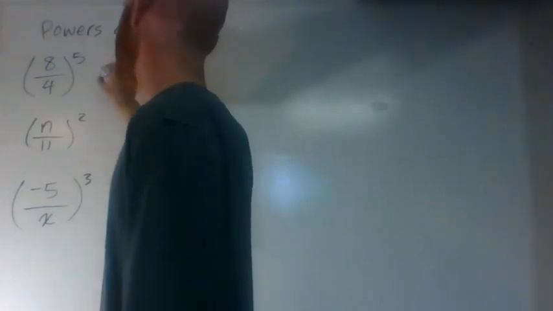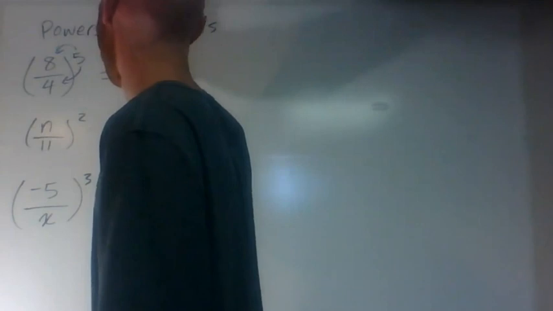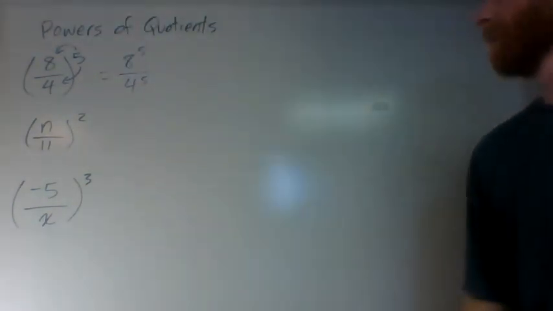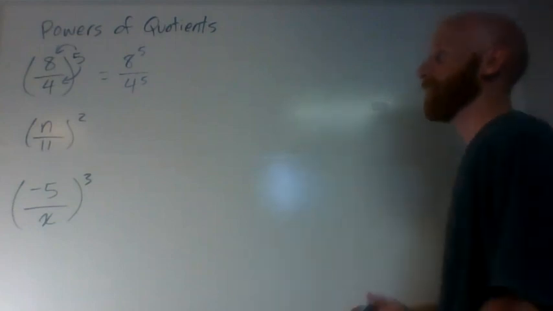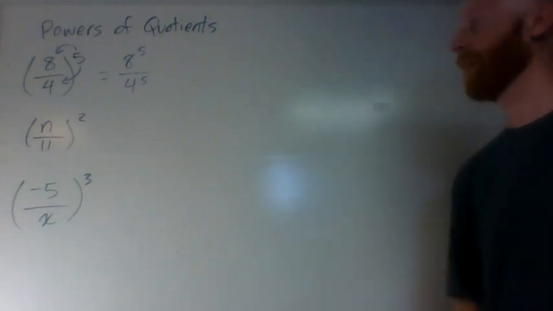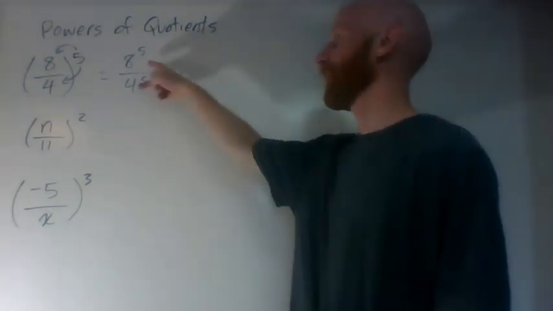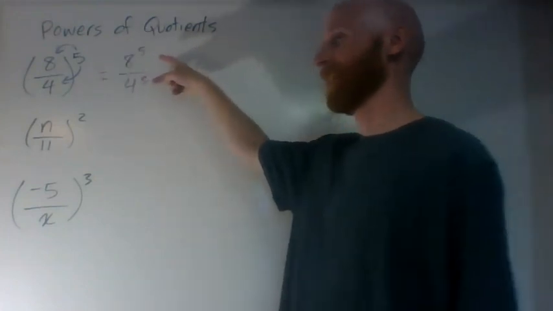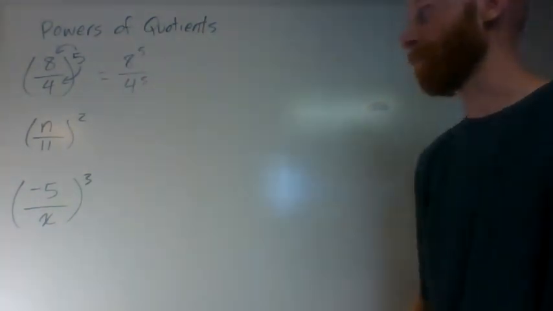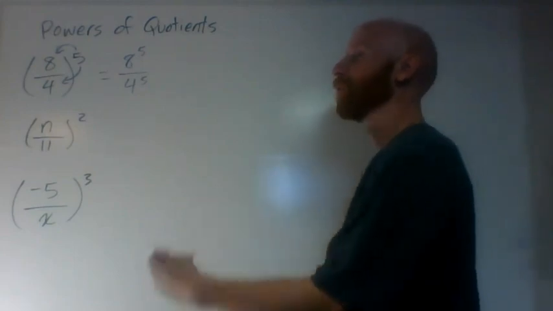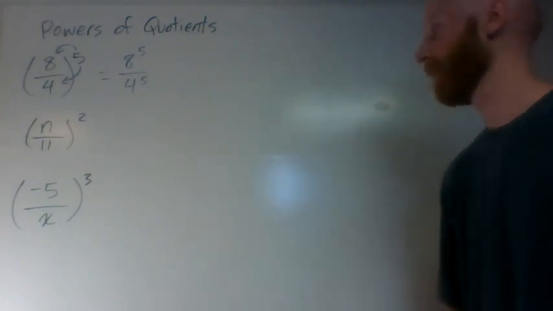So this would mean 8 to the 5th power and also 4 to the 5th power get divided. Okay, and remember, this is the situation where the simplified form may look just as complex, but what we're doing is getting rid of parentheses.